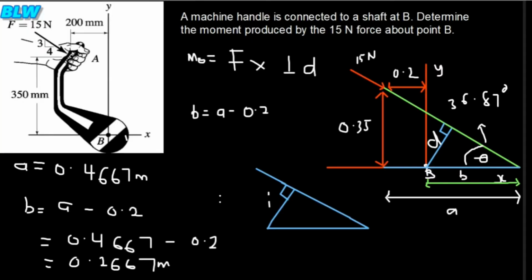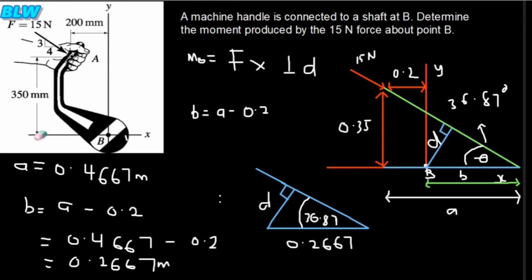This side here will be the D, and then this angle will be theta, which is 36.87. I know I've really squeezed it. And here is my B, which is 0.2667. So now you need this D.